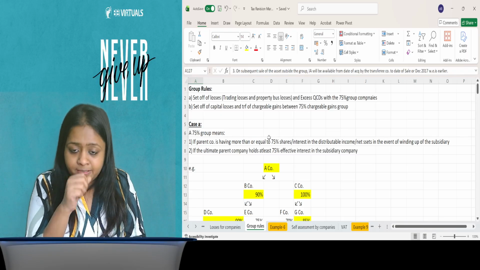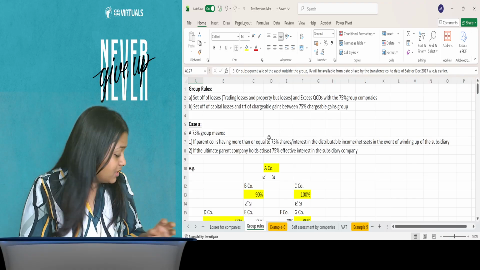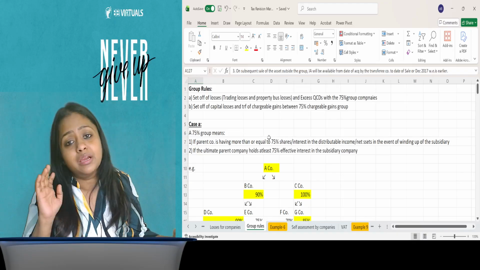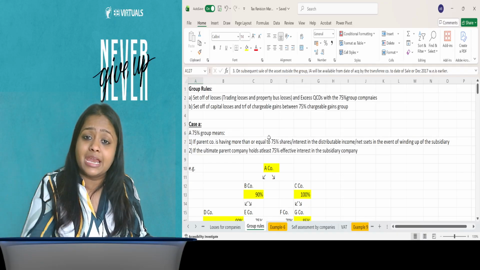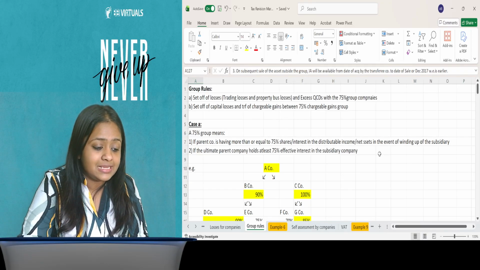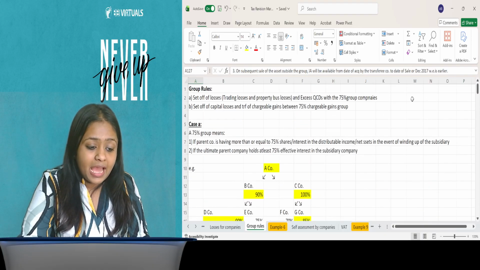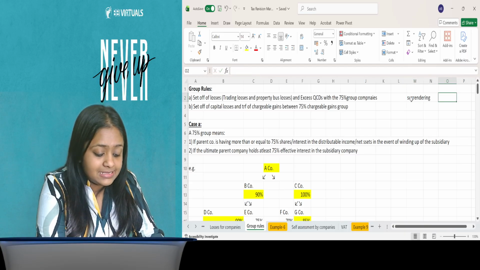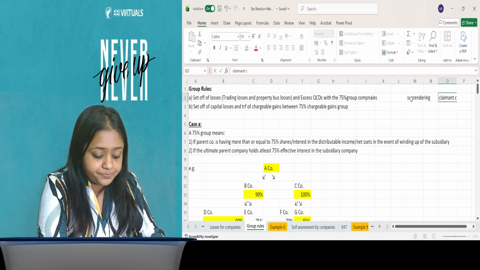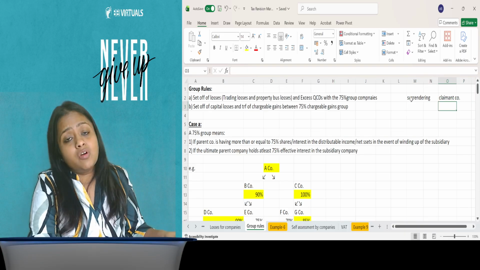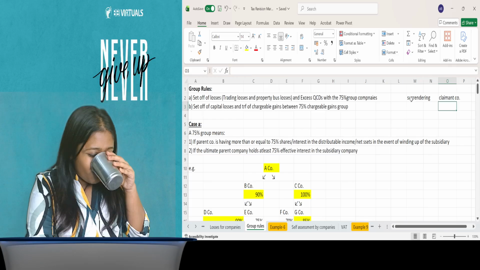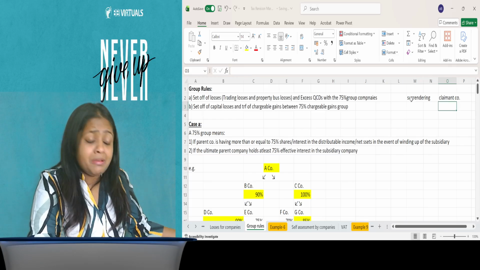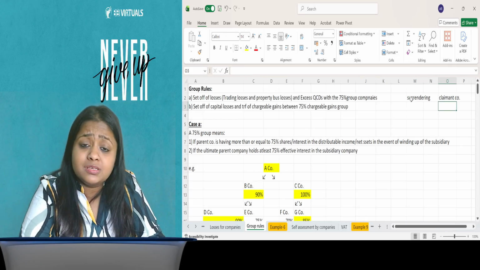Current year trading loss can be adjusted in full to the claimant company. The company which is surrendering the loss, we call it a surrendering company, and the company which will receive the loss, we call it a claimant company. Done. Now comes the next point. Ma'am, what about the property business loss?